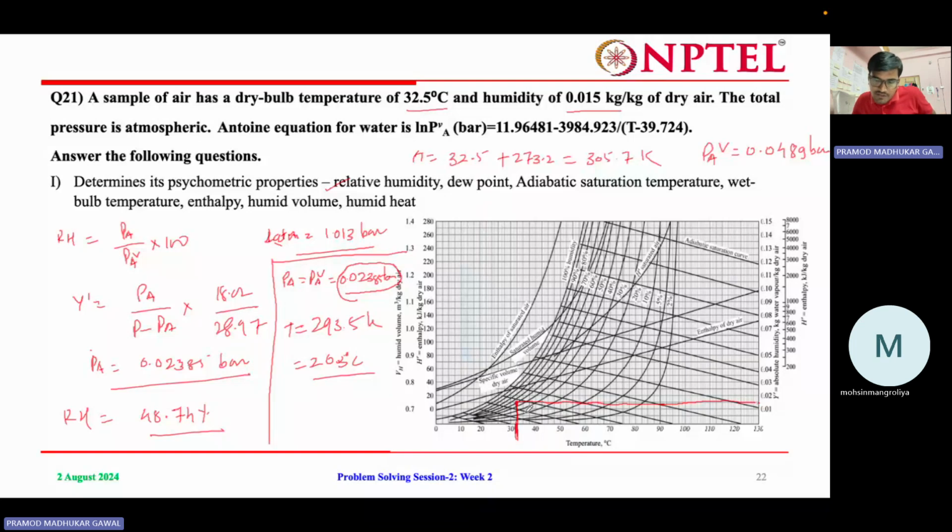From this point, we have to draw a line parallel to the adiabatic saturation curves till the 100% saturation humidity, right? So we will get this adiabatic saturation temperature, and then the other straight lines till 100%.